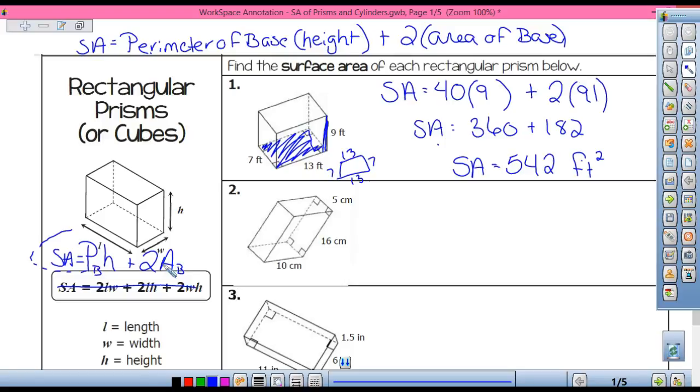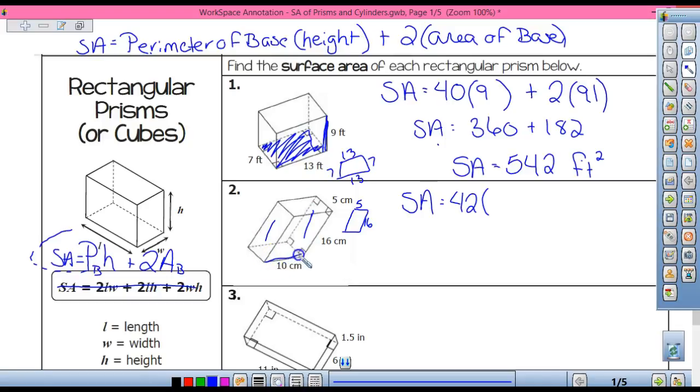All right. Next one. What do you want your bases to be? The 2 sides or the top and the bottom? You want the sides? All right. I don't care which one you do. You're going to get the same answer. So if we're using our side, your rectangle on your side is 16 by 5, right? So my perimeter is 42 times, now this is where the kicker is. If I'm using my 2 sides, this one and this one, what is my height?